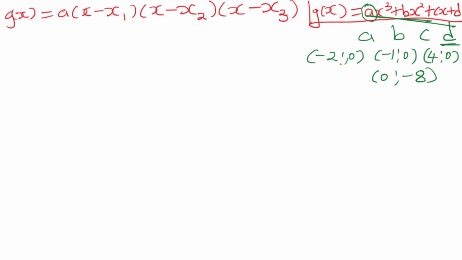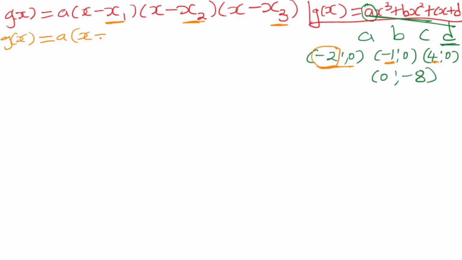So now what we can do, we take these x values and substitute them here. These are the x-intercepts, and the other one is the y-intercept. So we will have g of x, which we can write as y if we like, equal to a times x minus, and here it's negative 2.